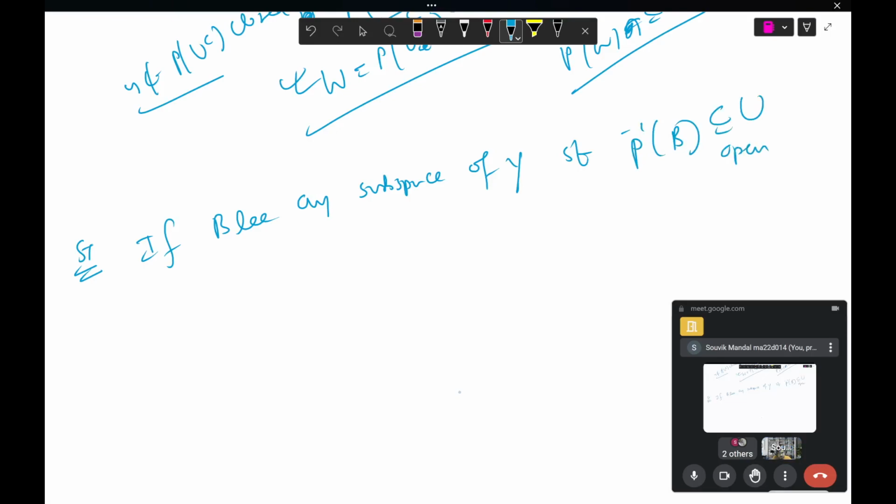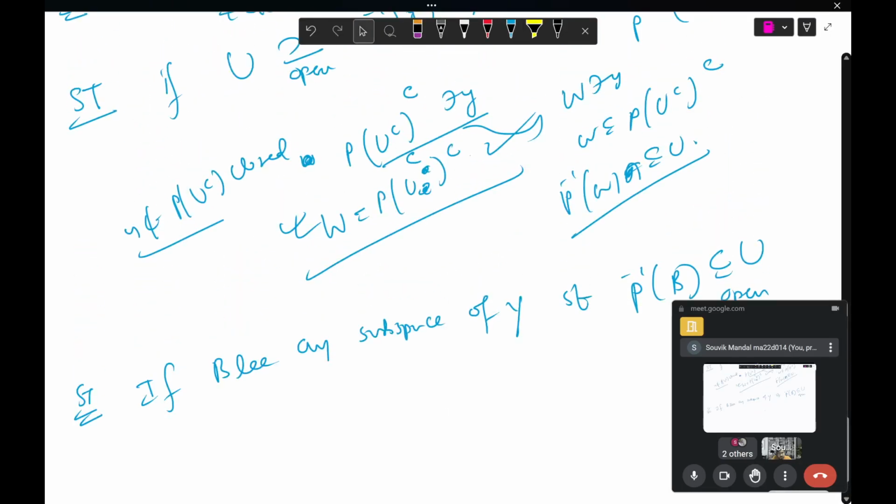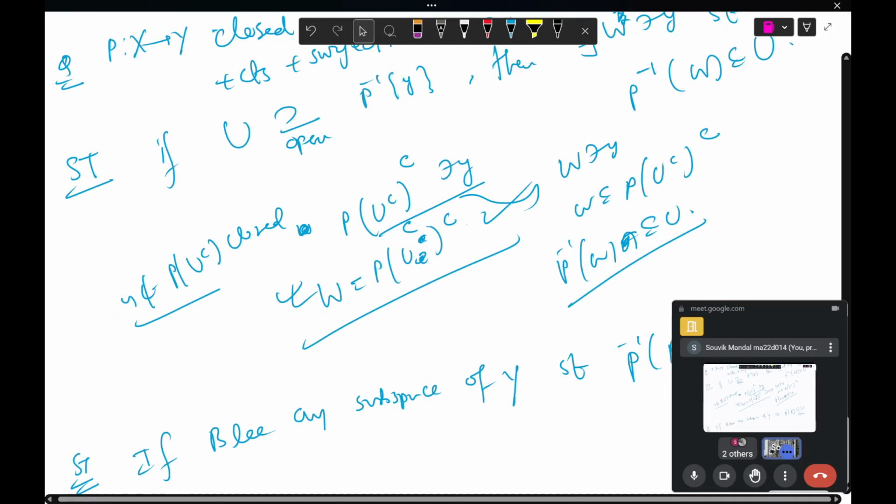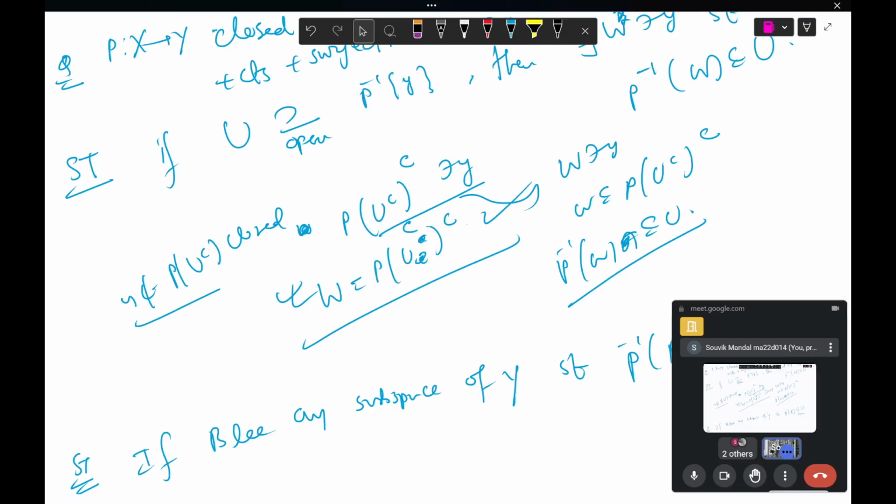Sir, in the last problem, where did we use the surjectivity? Why is it surjective? No, actually, in this problem there is no use of surjectivity. Only closedness is needed.